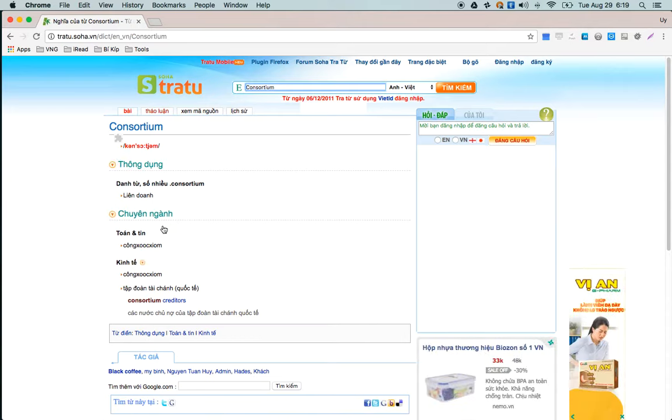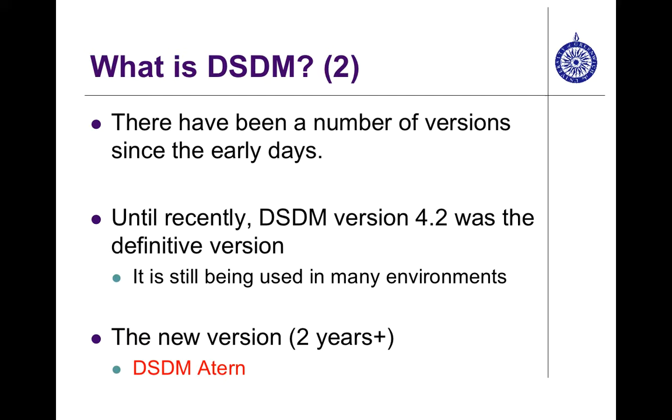If you have a chance to implement an information system for European countries, especially the UK, you can see many of them still use DSDM version 4.2 for their information system projects. And later, after DSDM 4.2, from 1994, people built a new version called DSDM 8.